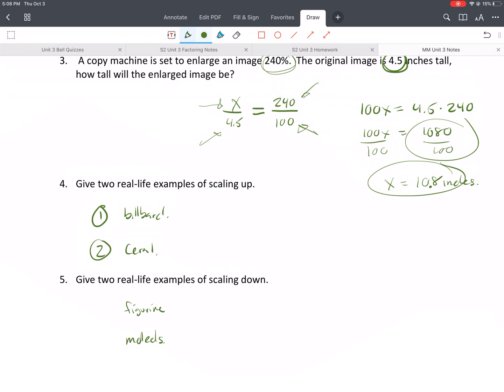Oftentimes if you go to a shop to make a model, I don't know if any of you have ever done that, but they usually will say the scale factor is like 1/100th of the actual battle cruiser or something like that, which is kind of cool. So those would be 2 examples.